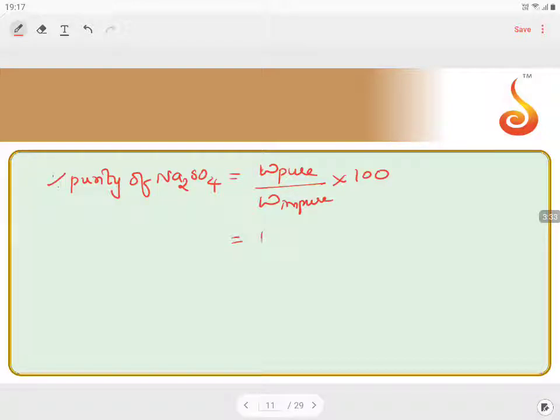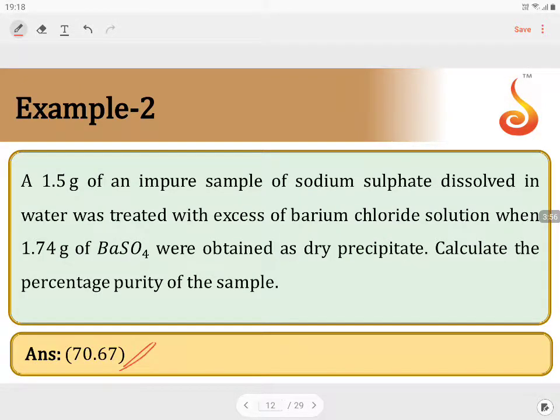We got the weight of the pure sample as 1.06 grams. The impure sample we have is 1.5 grams, into 100, which comes to 70.67%. So the percentage purity is 70.67%. So the answer is 70.67 percent.